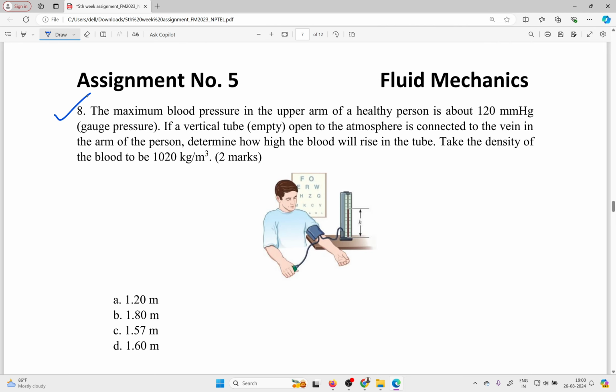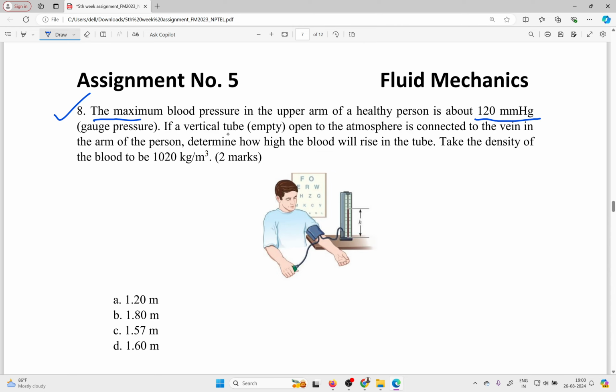The maximum blood pressure in the upper arm of a healthy person is about 120 mmHg, that is gauge pressure.